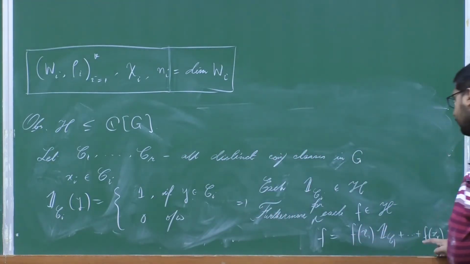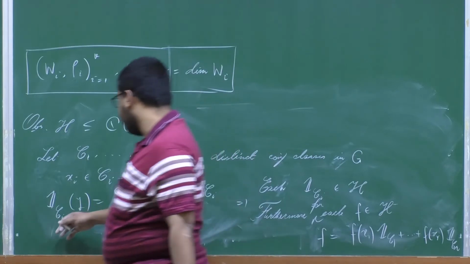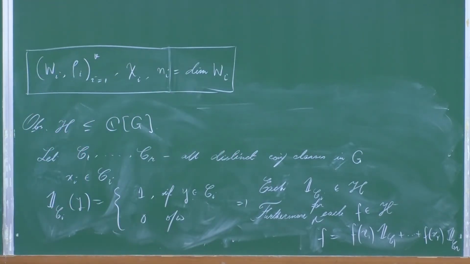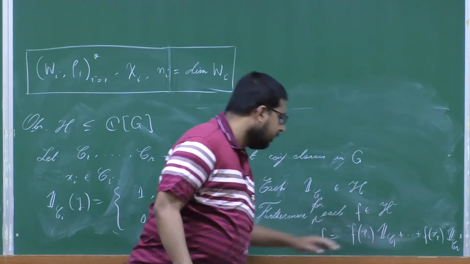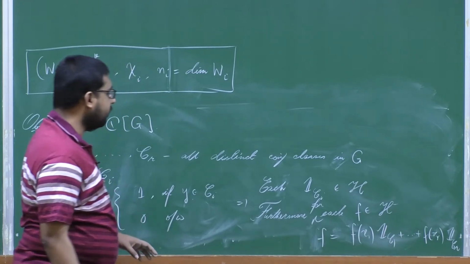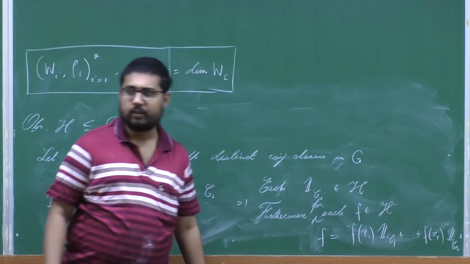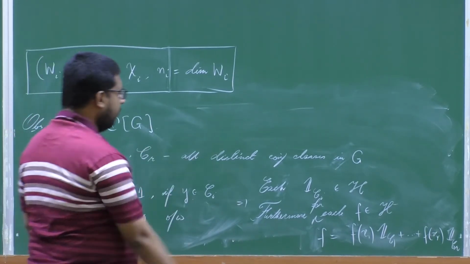On the right hand side exactly that term will survive and nothing else, because of the way this is defined. So that shows that every f lies in the span of these indicator functions of the conjugacy classes.